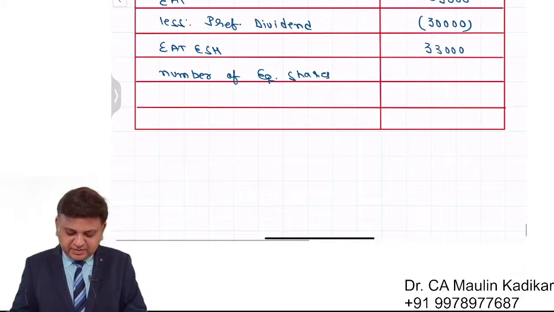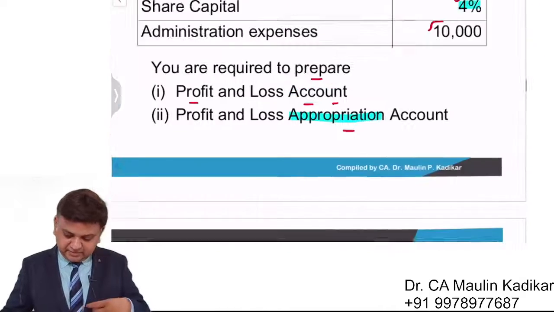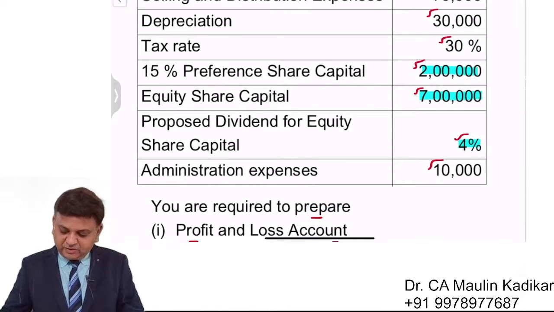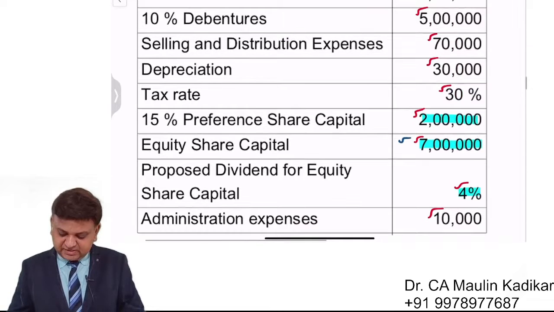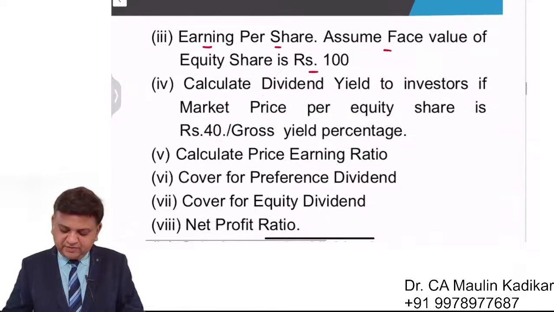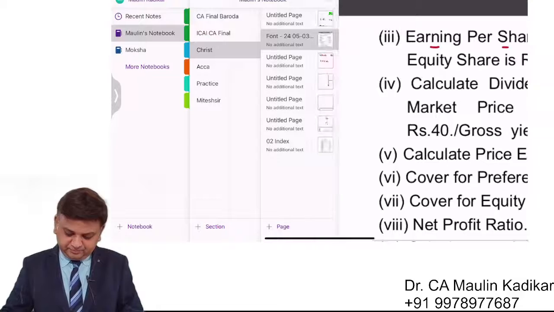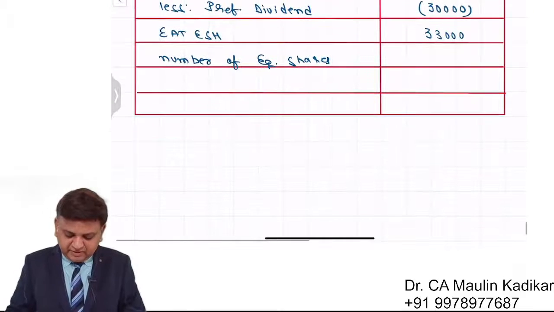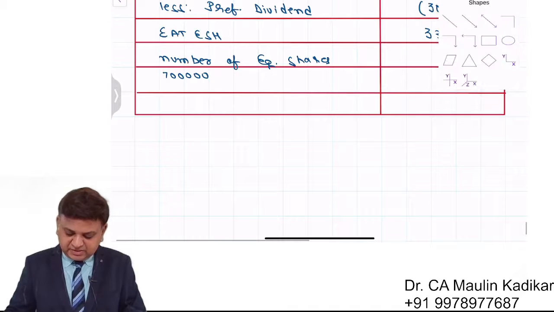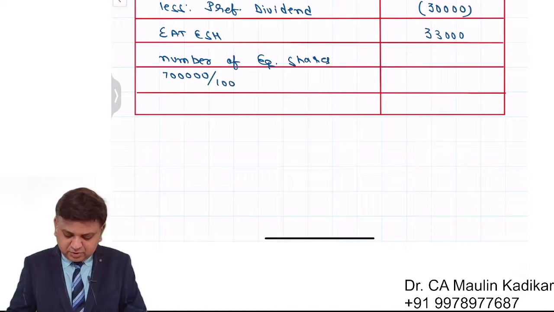The question is providing the information that the amount of the equity share capital is 7 lakhs and the face value of the equity share is 100. So 7 lakh rupees is the share capital and 100 rupees is the face value, so the number of equity shares is 7,000.